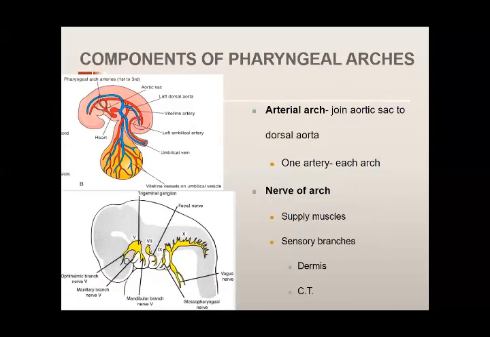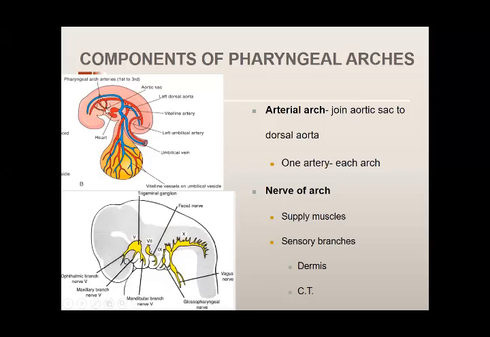अब आ जाते हैं arterial component. Arterial component उसका जो है arterial arch होता है. Sorry, artery of the pharyngeal arch. So pharyngeal arch artery जो है, that joins two structures. ये आपकी arteries of the pharyngeal arches है.